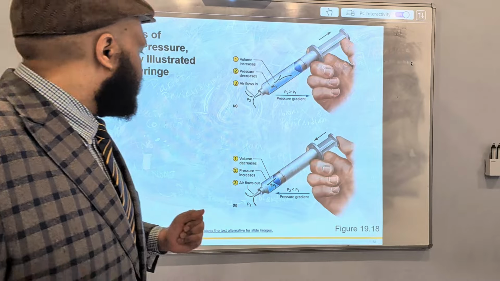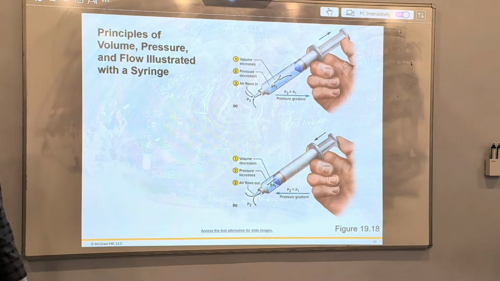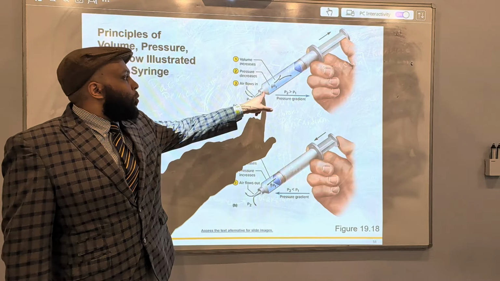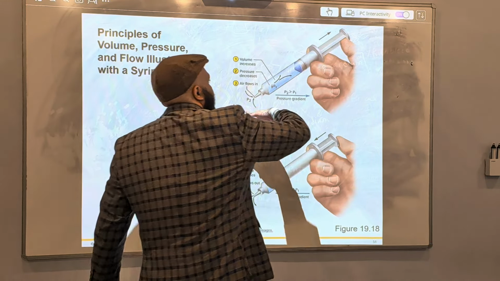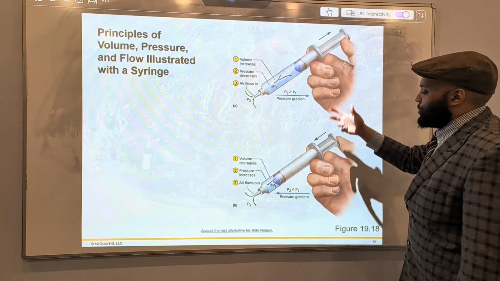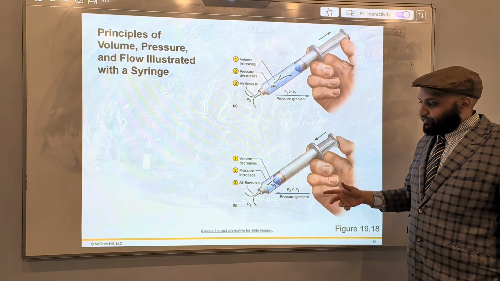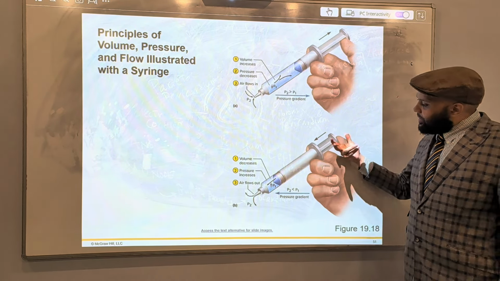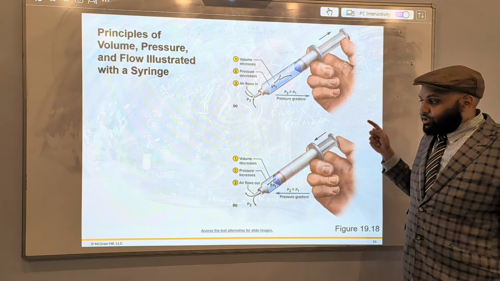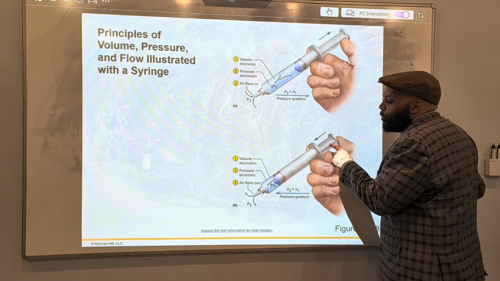So now, if you look at this syringe here, this person is showing you two situations. Fluid is coming out because he's pushing from the end. So where is pressure more?